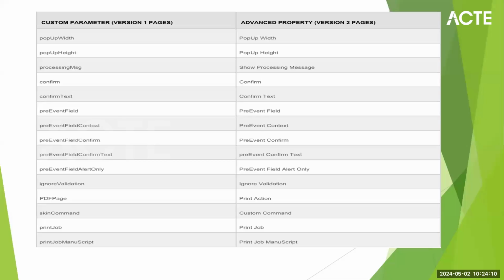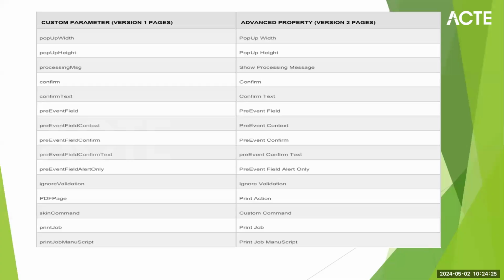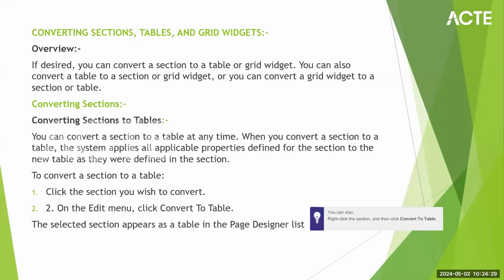These are also the same: pop-up wide and pop-up hide, crossing message, confirm, contrast, print job manuscript, ignore validation, pre-event alert field. So these are some of the actions in the page designer while creating a manuscript for a particular page.